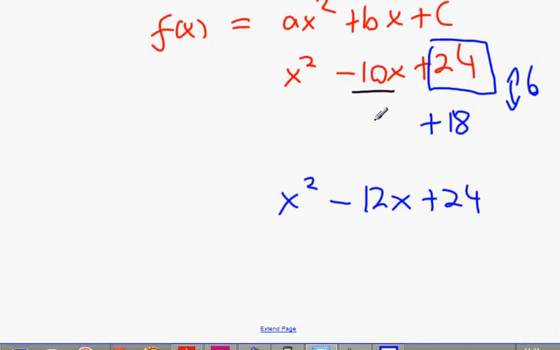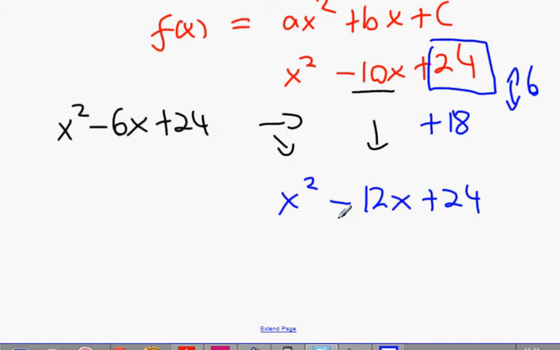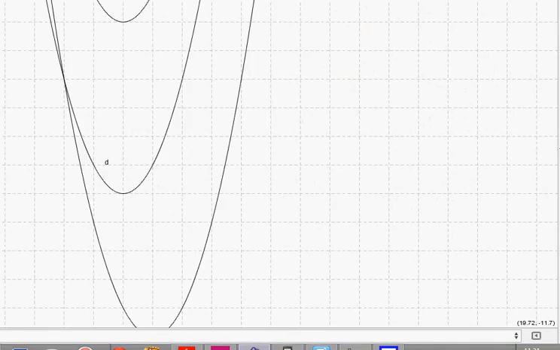So let's predict what happens this time. When I increase the negative value, it shifted to the right and down. Let's make it minus 6x. What do you think will happen this way? Up and to the left, maybe? So let's find out. Y equals x squared minus 6x plus 24.